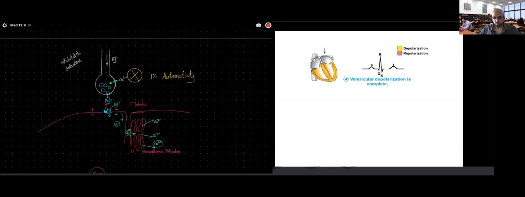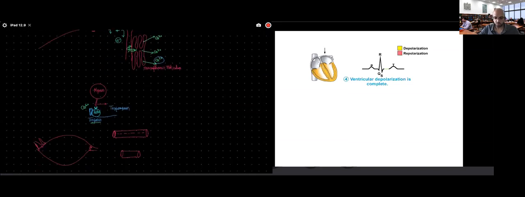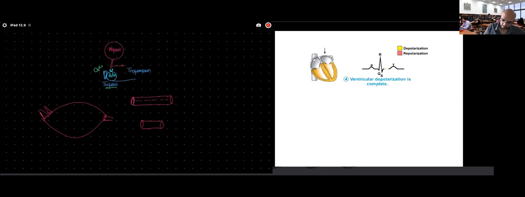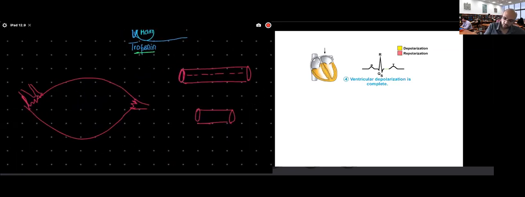Another major difference between skeletal muscle contraction and cardiac muscle contraction is that in skeletal muscle contractions, it's not going to be essential to send out the electrical signal to every single muscle cell in the skeletal muscle every time you decide to use the muscle. So when I flex my forearm, when I contract my biceps, I don't have to use all the muscle fibers in this biceps for me to perform any contraction.